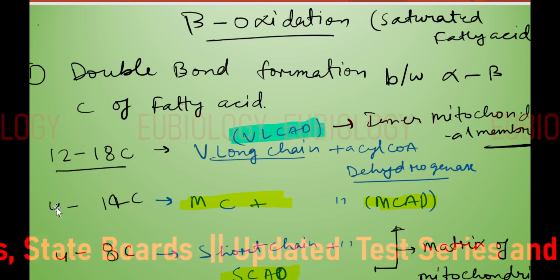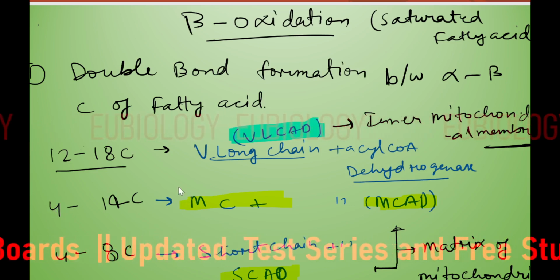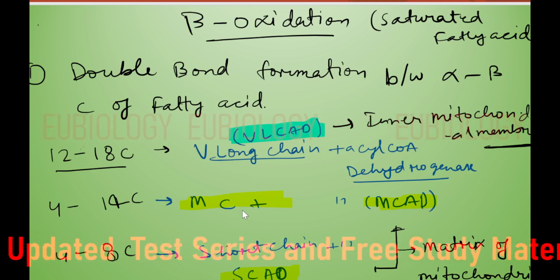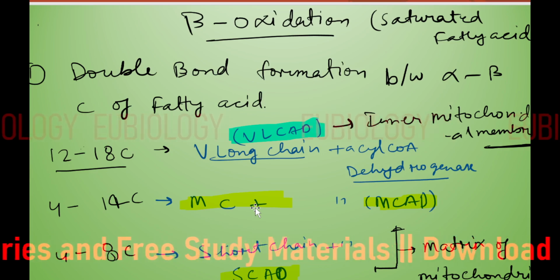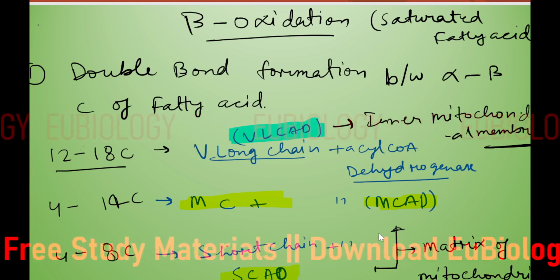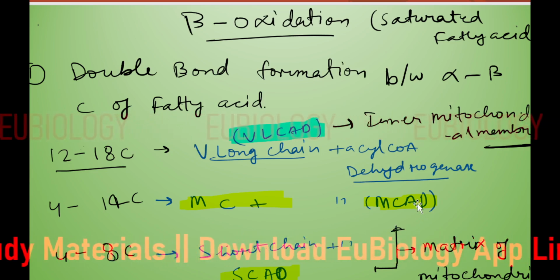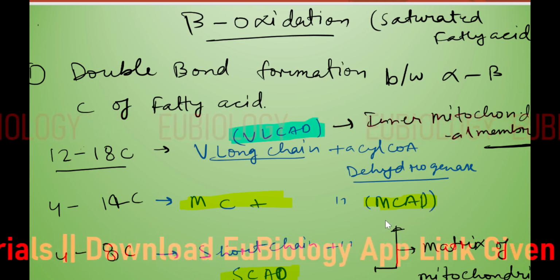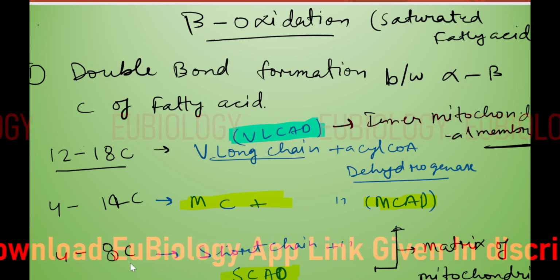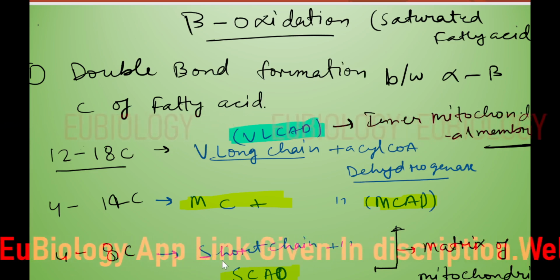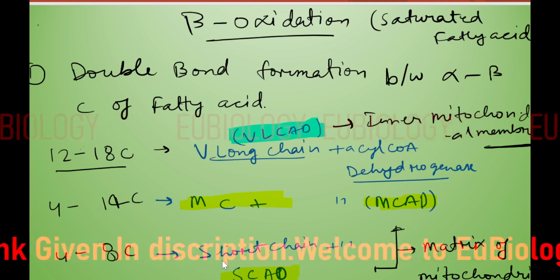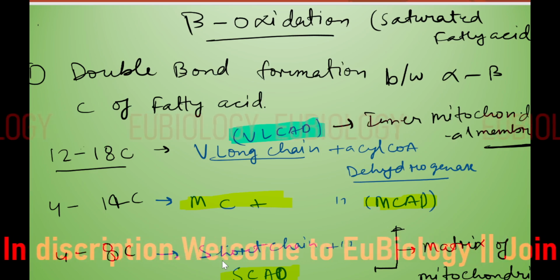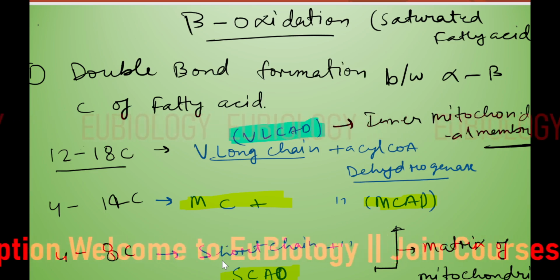Now if the carbon chain belongs to 4 to 14, then medium chain acyl coenzyme A dehydrogenase will act on that, and for a 4 to 8 carbon chain, short chain acyl coenzyme A dehydrogenase will act on that, and it will form the double bond between the alpha and beta carbon.